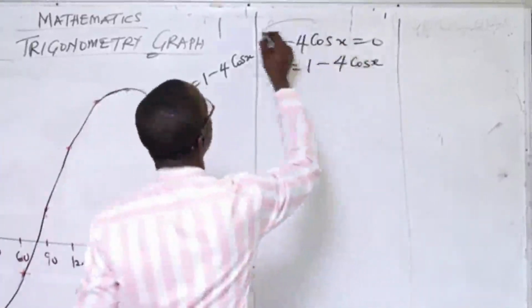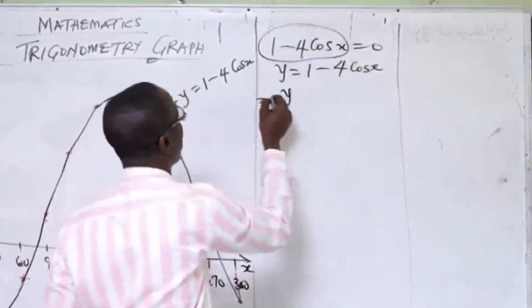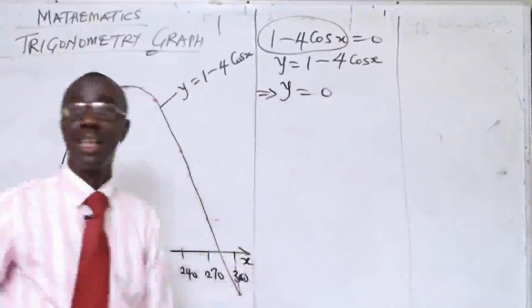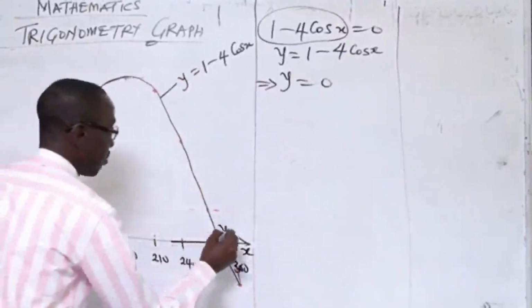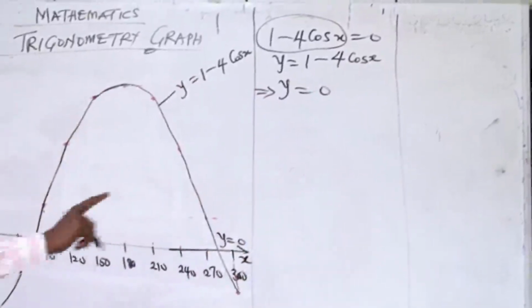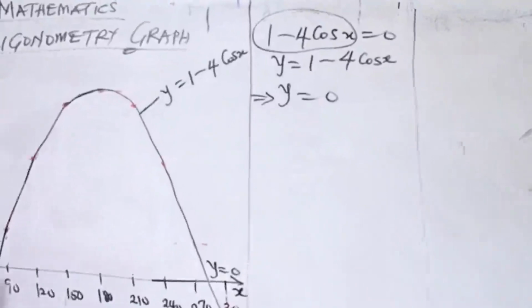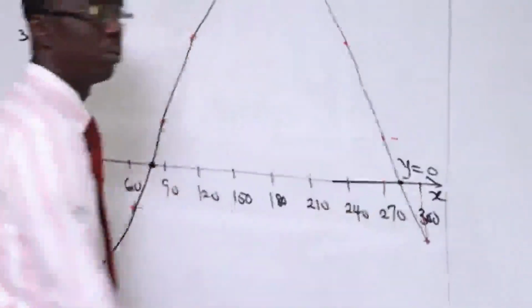If I remove this, what will I put there now? y. So y is equal to 0. What is the line of y is equal to 0? X-axis, thank you. So this is the line of y is equal to 0. And it's saying that wherever the line of y is equal to 0 meets with the curve, you should tell us the value 1, 2.